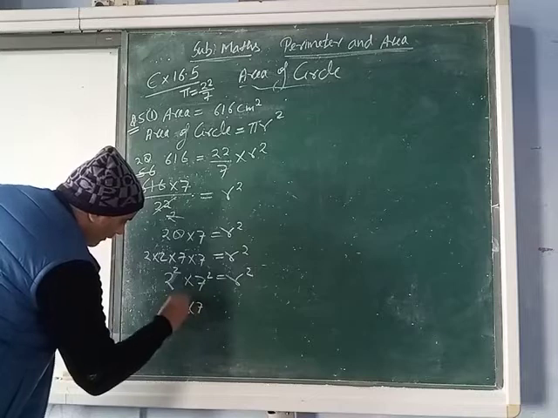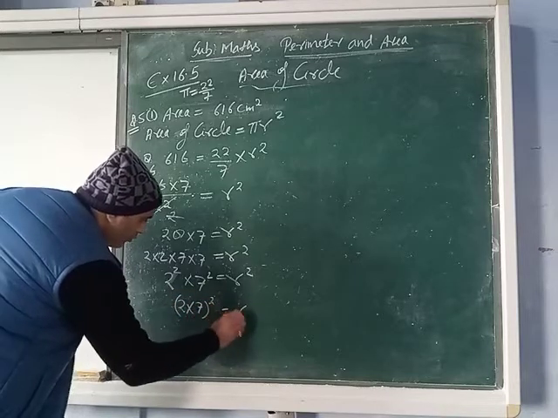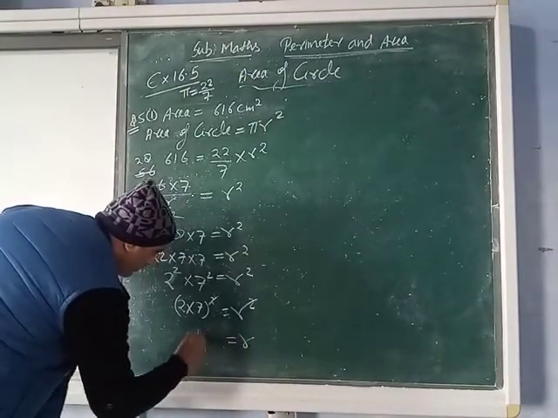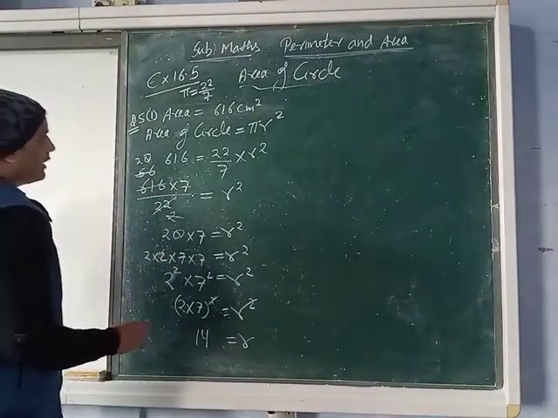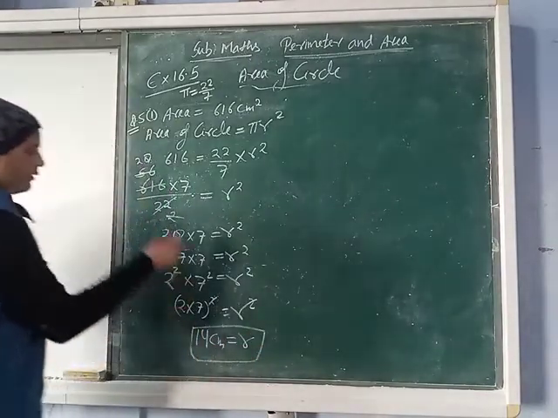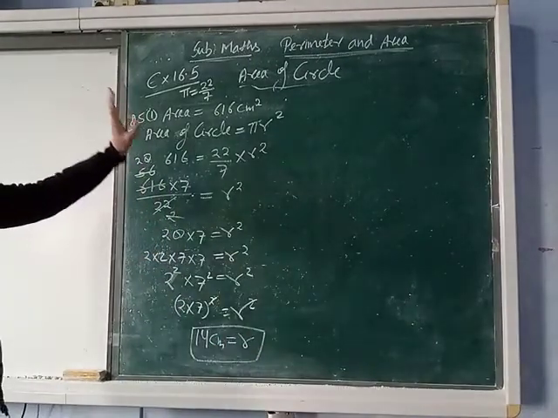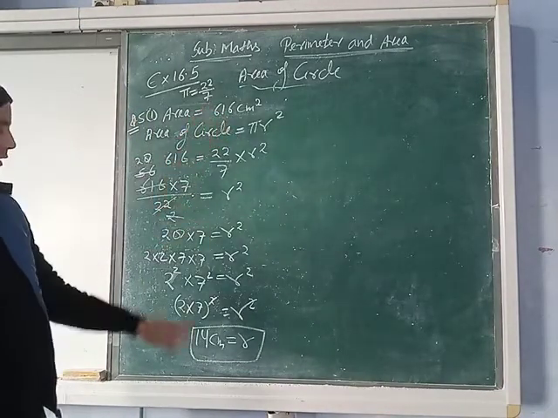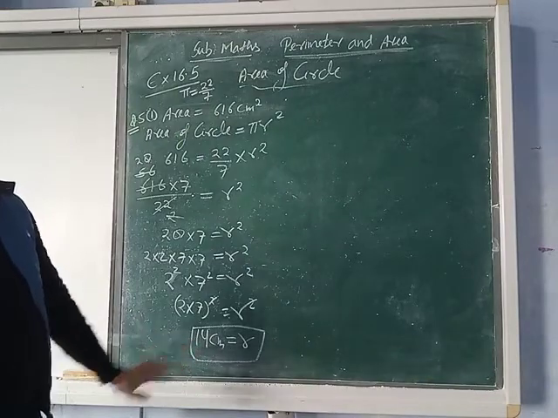The square is cancelled out. Then what is the radius? That is 14 centimeter. So the circle whose area is 616 centimeter square has a radius of 14 centimeter.